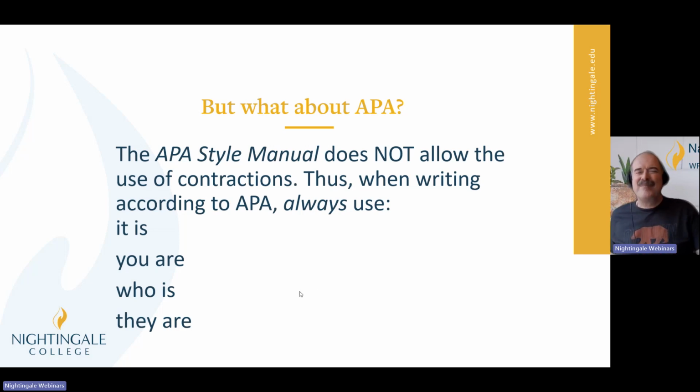All that said, you are going to find these contractions outside of academic writing. Maybe in letters and memos and such like that in the workplace. So, in non-academic settings. So it's still important to know what we've gone through, even if it's not always going to apply to academic writing, which forbids contractions.